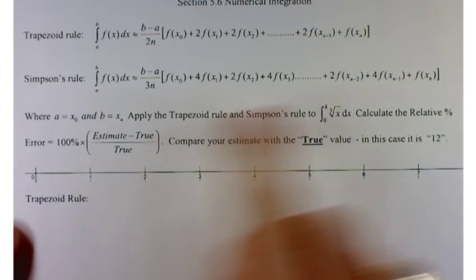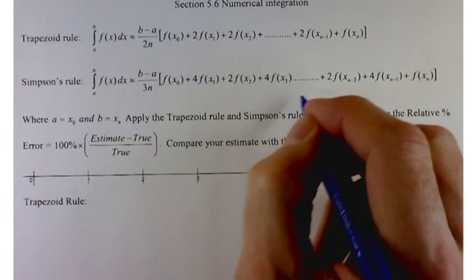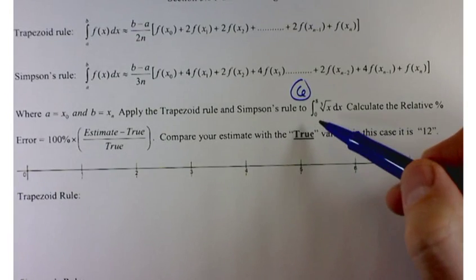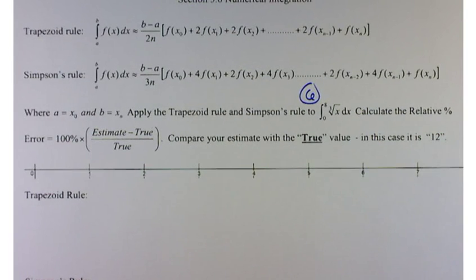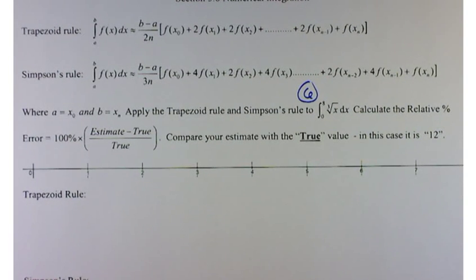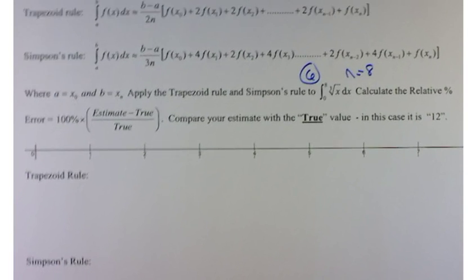Okay, so here's our integral. This is number 6. We're going to integrate from 0 to 8 the cube root of x dx. We're also going to calculate the relative percent error. Now, per the problem, we're going to use n equals 8 subintervals.